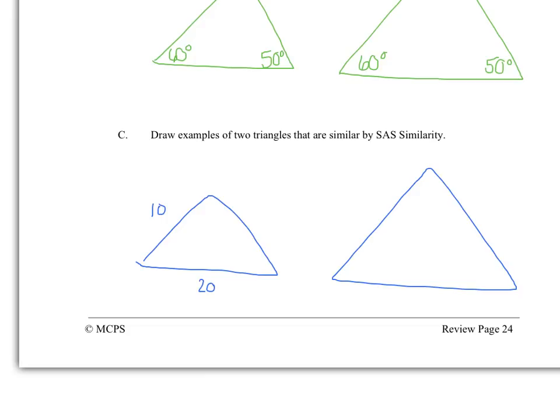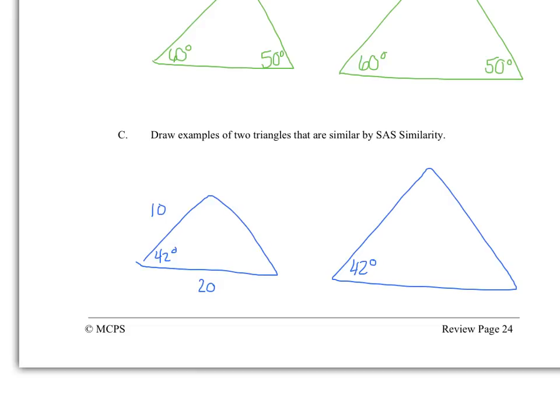All right, so those two sides, and I'm going to have an included angle of, say, 42 degrees. That corresponding angle has to be congruent, so 42 degrees, and my two corresponding sides have to be proportional, meaning that 10 times a certain scale factor has to give a number, just like 20 times that same scale factor has to give another number.